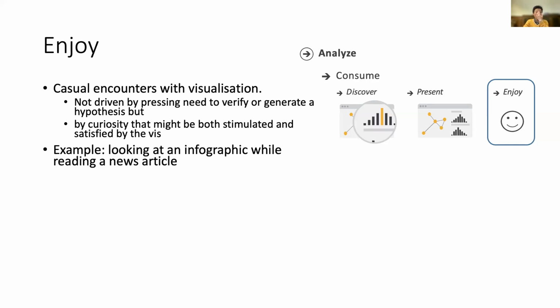An example would be if you look at some magazines or online websites on a topic that is a hobby, and they may have some validations there that you are interested in, so you spend more time looking at the validations. So this is enjoy. It's not really that you're doing any analysis or want to confirm any hypothesis.